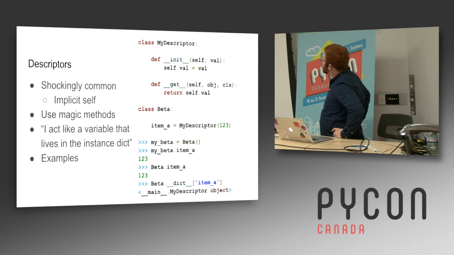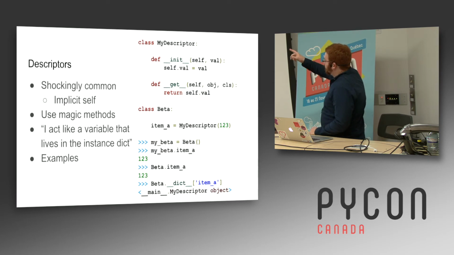So in the example code here, we've got a basic descriptor class. It implements the dunder get method, and that's the most basic part of the descriptor protocol. And essentially, it returns a value that the instance of the descriptor stores in itself.